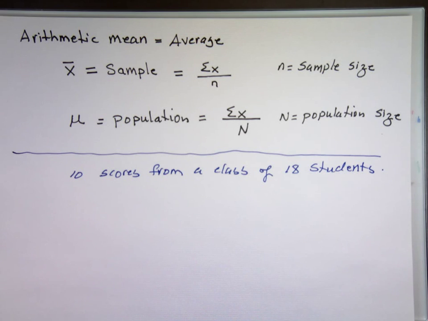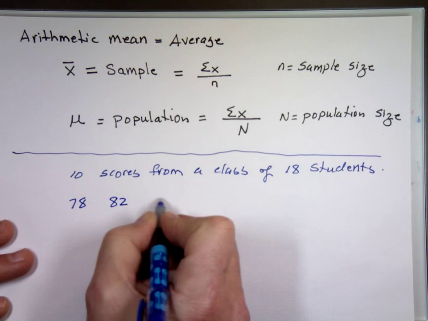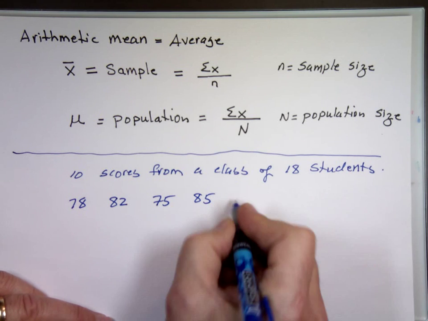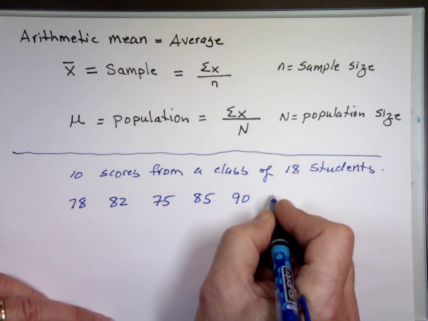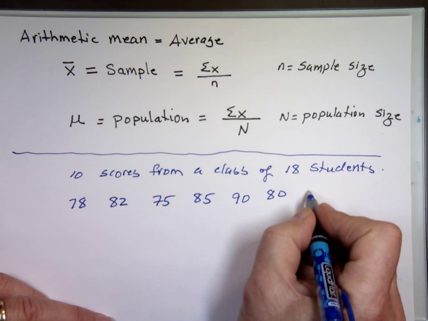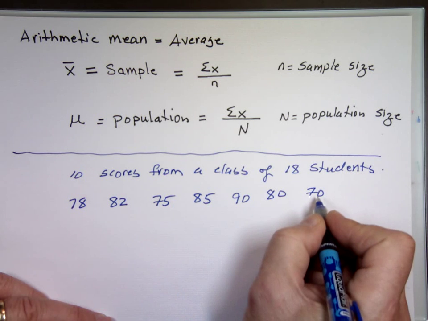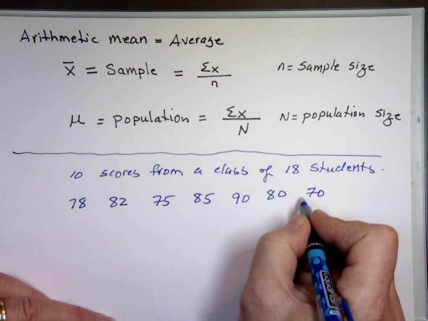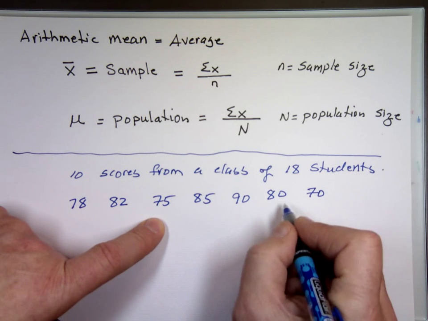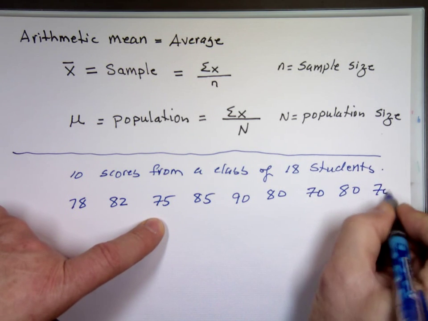So I took 10 scores from a class of 18 students, and these are the scores: 78, 82, 75, 85, 90, 80, 70, let's see, good, 80 again, 70, how many scores do we have?